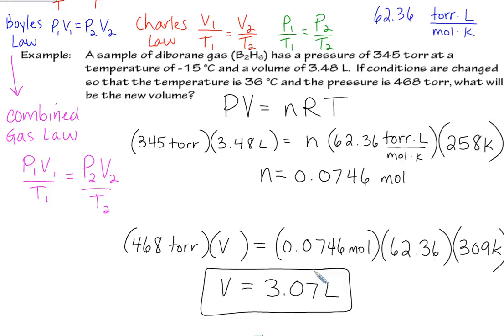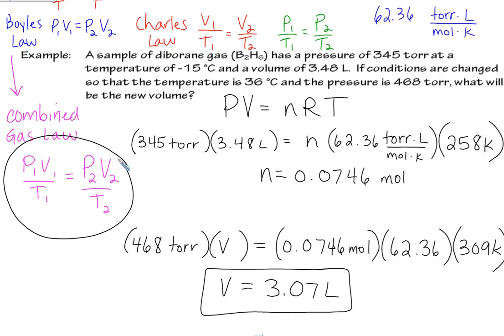Now, if you're smart, which you are, maybe you would realize that, if this is a closed container, which we're assuming it is, I'm not given any data about moles, so I'm assuming that the moles must stay constant. Well, if the moles stay constant, you could have just used this combined gas law.